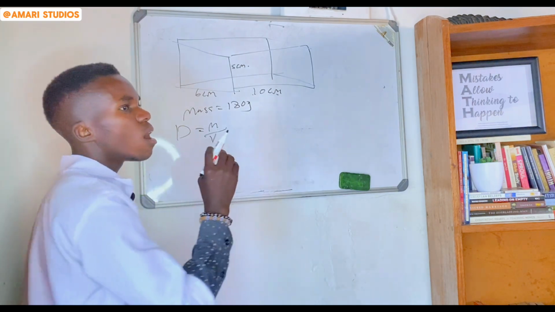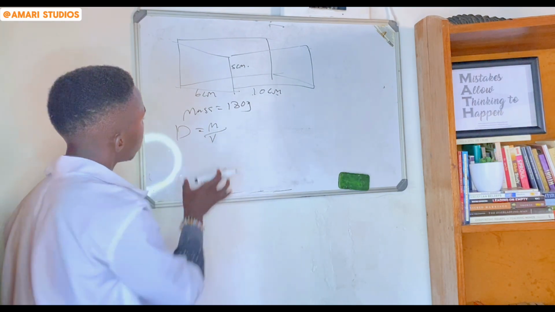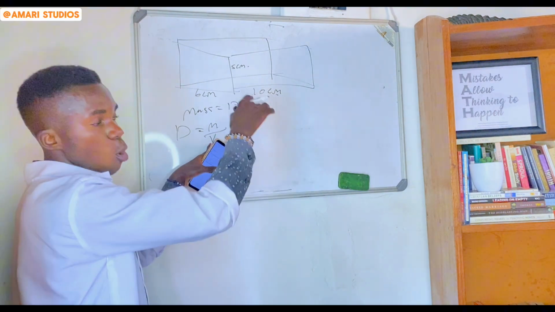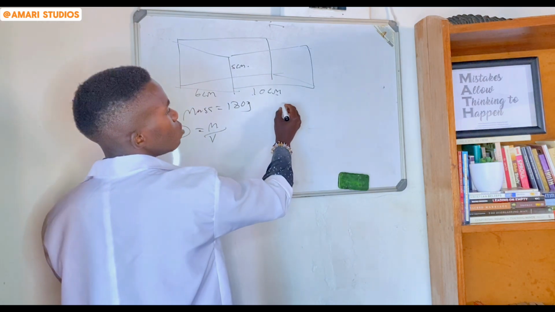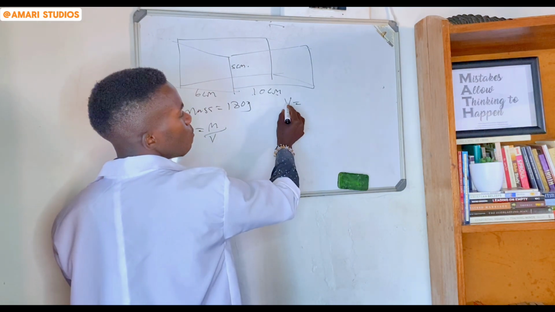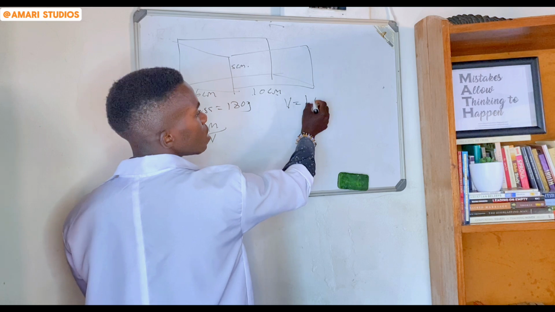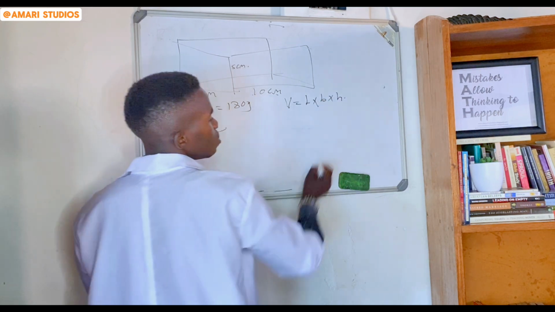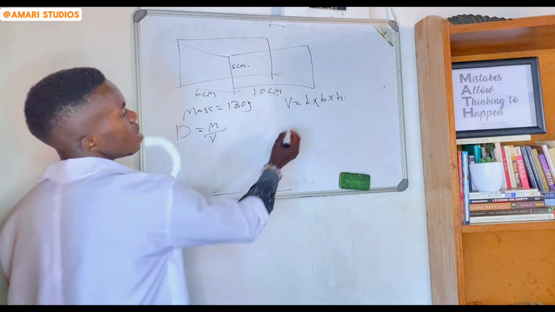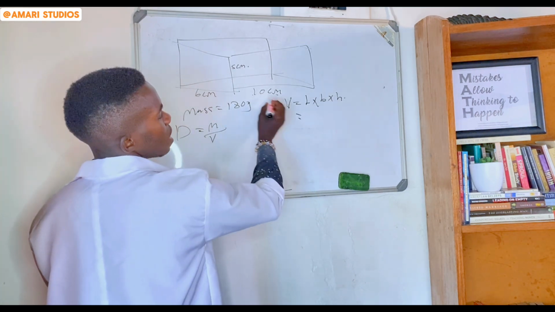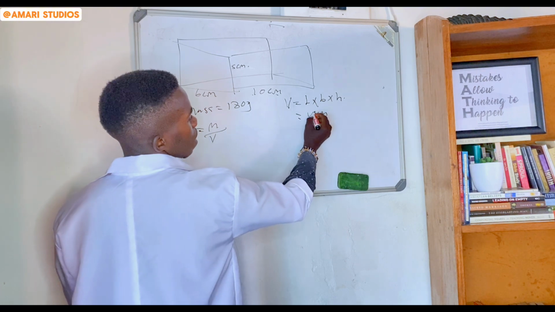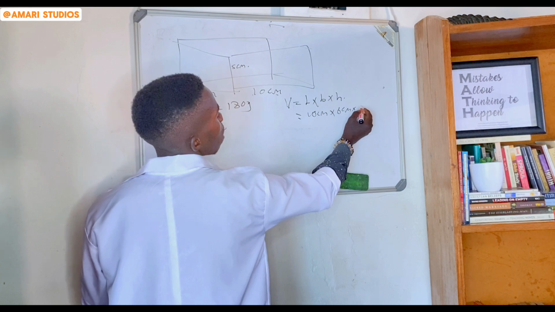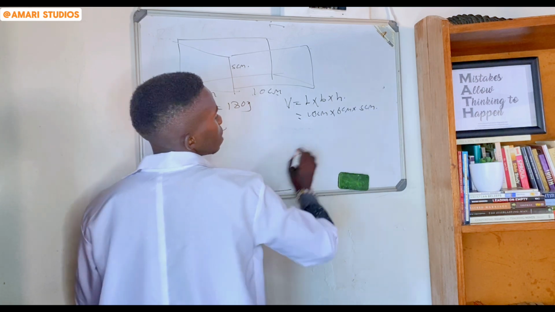So our job, before we find the density, is to find the volume of the whole block. The formula for volume is equal to L, which is length, times the breadth, which is B, multiplied by the height, which is represented by H. In our question, the length is 10 centimeters, the breadth is 6 centimeters, and the height is 5 centimeters.